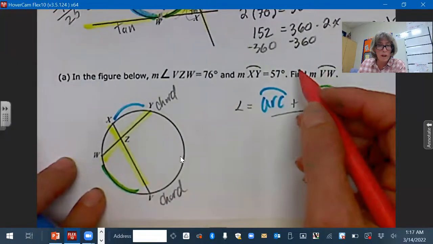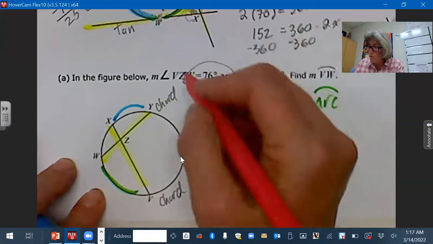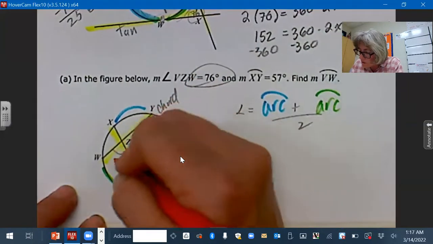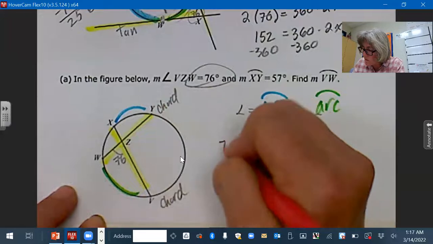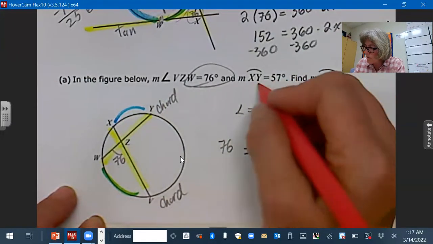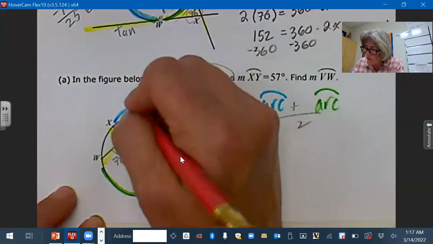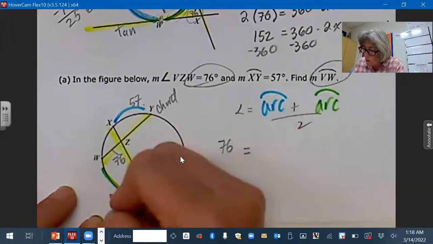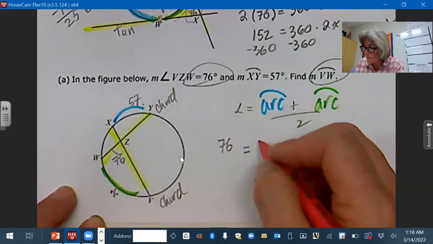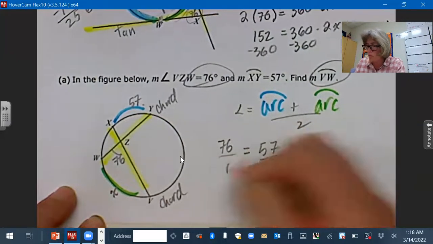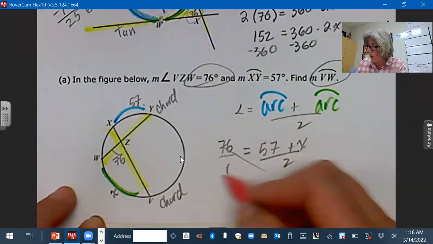Let's figure out what we have here. We are told VZW right here, 76. Big arc, XY is 57. And then this is the arc we don't know. We're going to call it X. So 57 plus X over 2. Cross multiply.